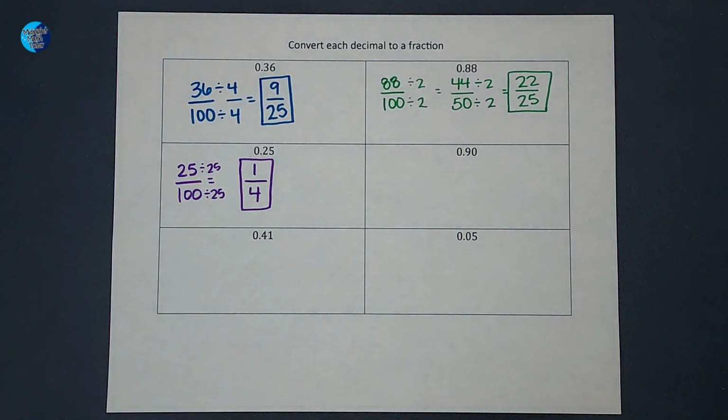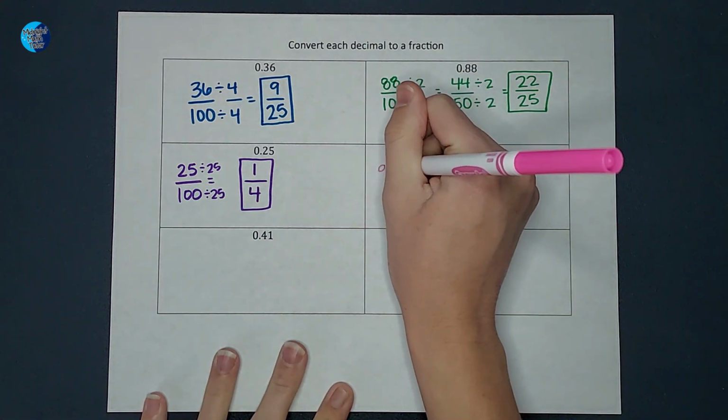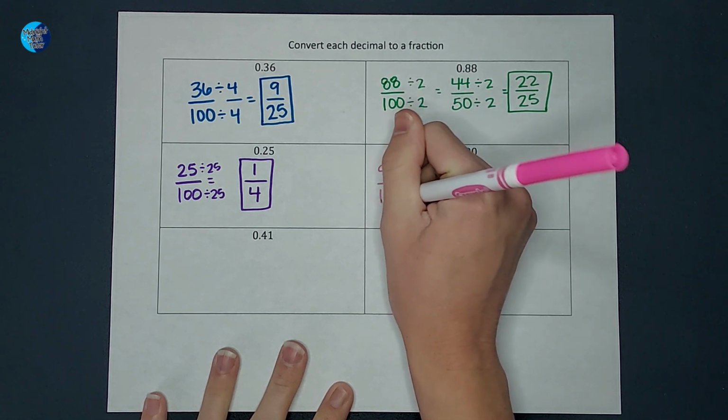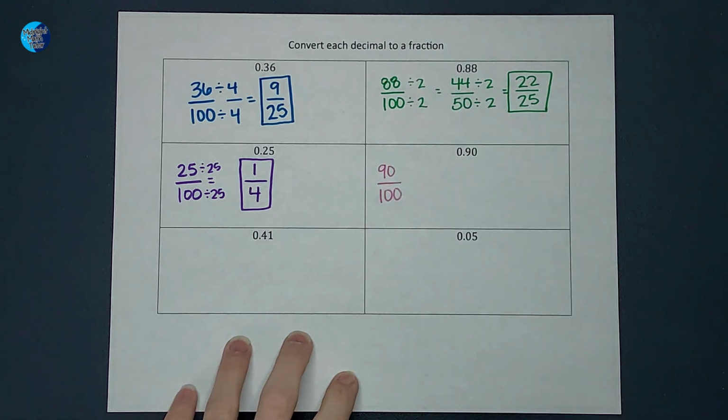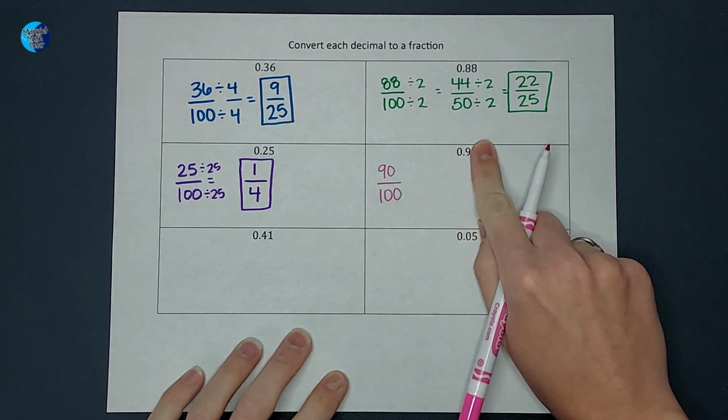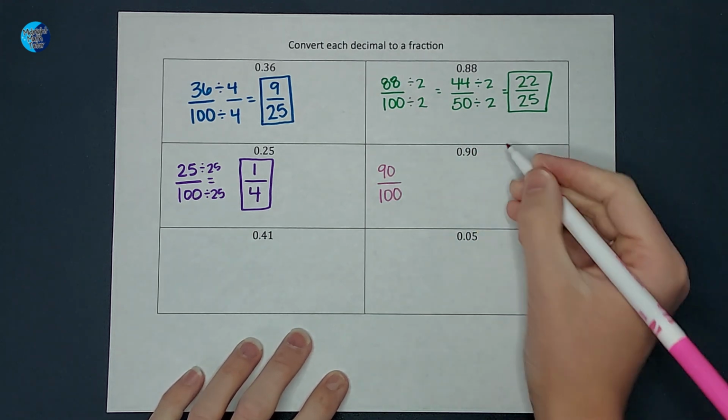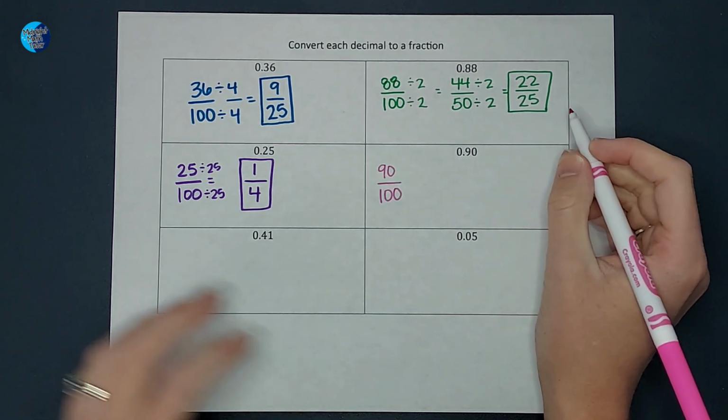There we go. All right, we've got 0.90 here. So that is the same as 90 hundredths. Fun little side note as well, that 0 didn't have to be there. This could have just been 0.9, right?